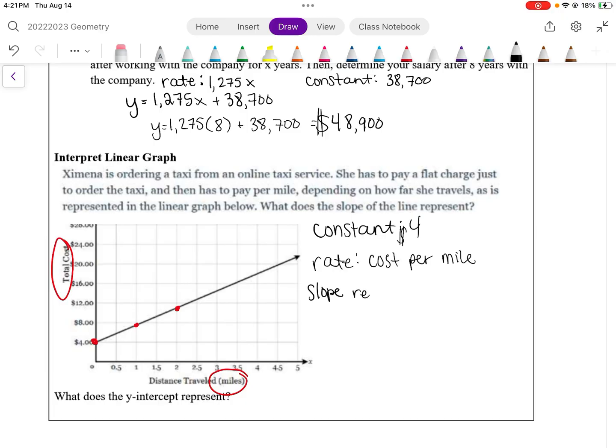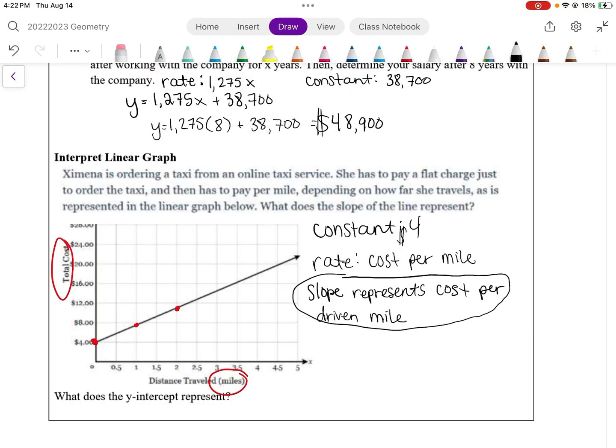Isn't that also the slope? So there's our answer. The slope represents cost per driven mile. I'm going to circle that. That kind of answers our question.